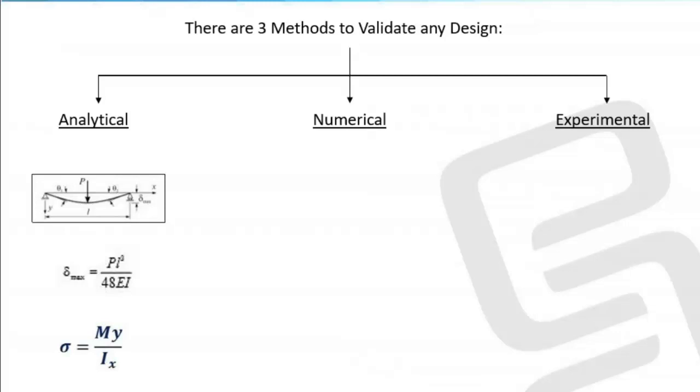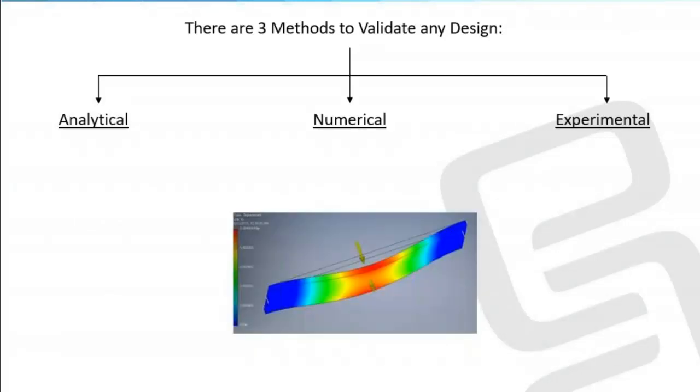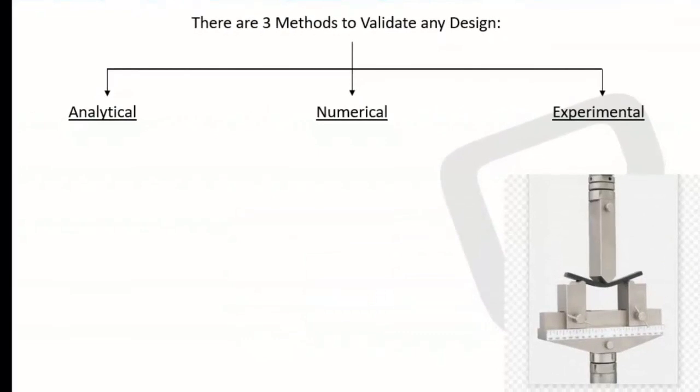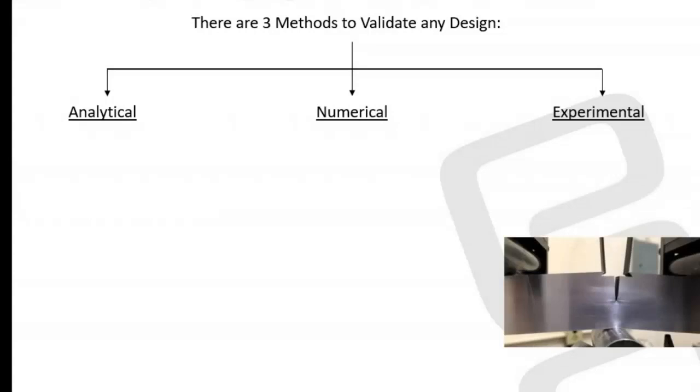You can use numerical methods to find out the values of stresses and deformation with the help of software, or else in experimental method you can actually manufacture that plate, perform a physical testing and find out from where exactly the crack will initiate, what will be the maximum stress values and what will be the maximum deformation values.